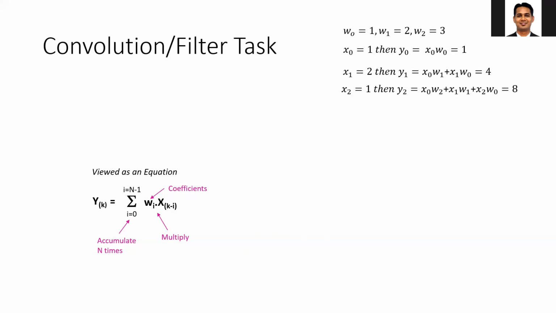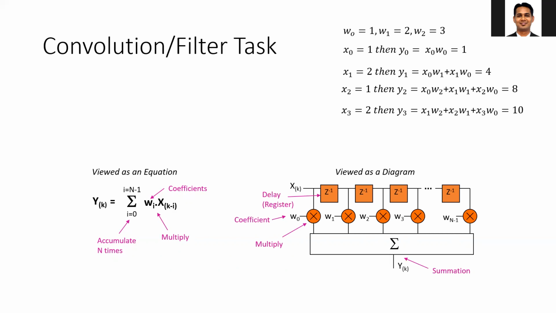At the next clock cycle, you will receive X of 2 is equal to 1, and then you can calculate Y2, which will need 3 multipliers and 2 adders. For the subsequent values of X, to calculate the corresponding value of Y, you need 3 multipliers and 2 adders. So if you look at the architecture, this is nothing but the FIR filter, where you have N multipliers in parallel followed by your adder unit.